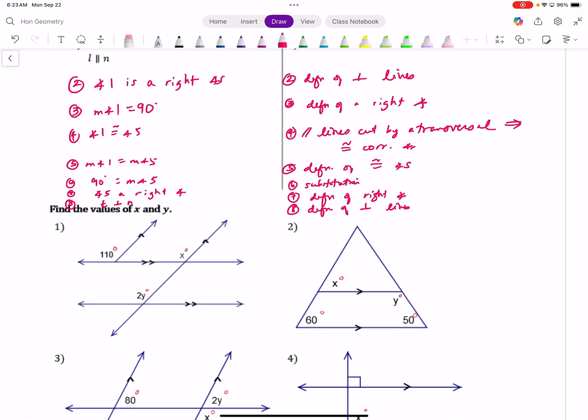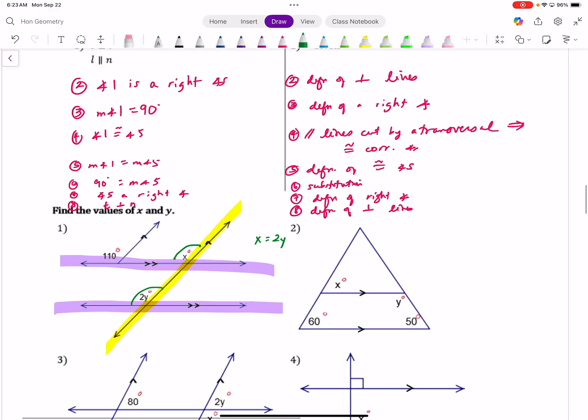Okay, so next part, here's the part that you'll enjoy. I think you kind of enjoy the proofs just as much as the math. So we've got our two parallel lines this way. Let's treat this as the transversal. So we're sitting here looking at x and 2y. Those are corresponding angles, so I know that x is equal to 2y. So there's one thing I know.